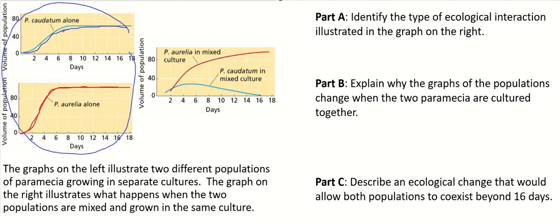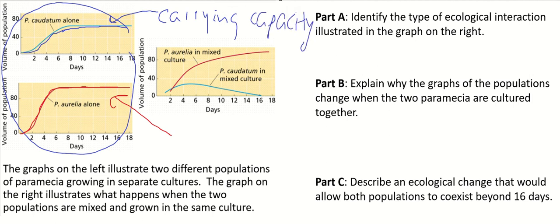So when they reach this plateau, that point right there, and that point right there, that's known as the carrying capacity. That term is used to describe how much that space or that ecosystem or that environment can hold of that organism.